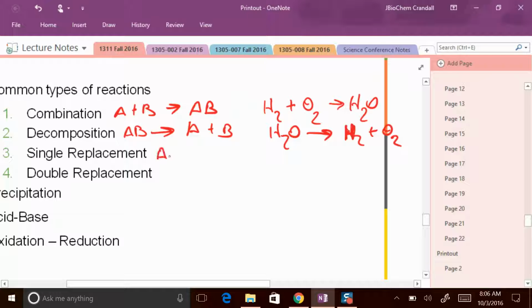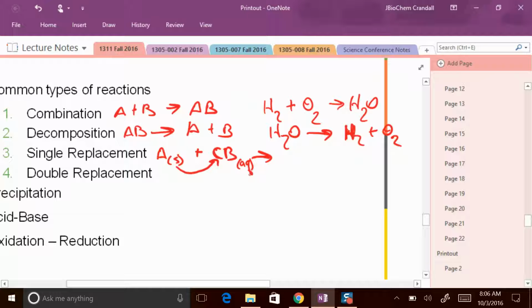So you have A, and it's a solid, plus CB, okay? And what will happen is that A, and this is probably an aqueous thing.